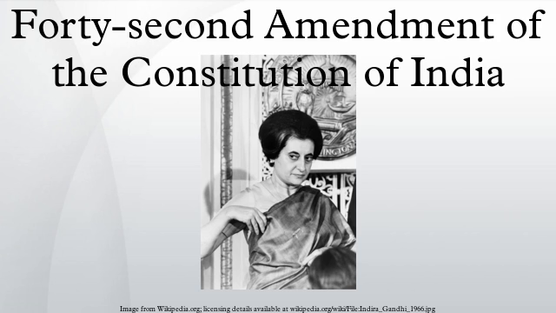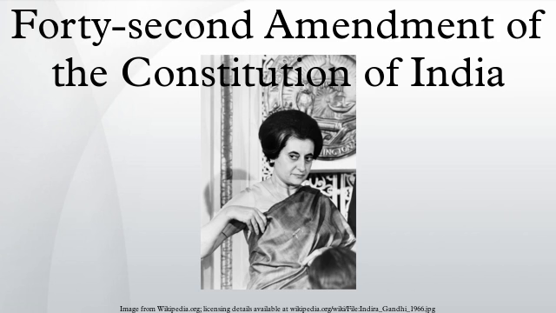Articles 358 and 359 were amended, to allow suspension of fundamental rights, and suspension of enforcement of any of the rights conferred by the Constitution during an emergency. The 42nd Amendment added new directive principles, viz. Article 39A, Article 43A and Article 48A.